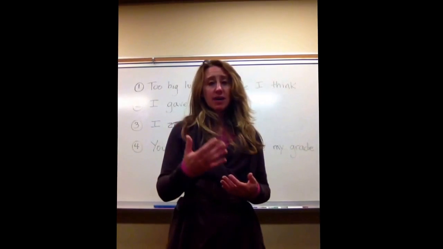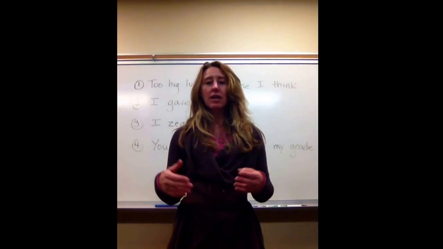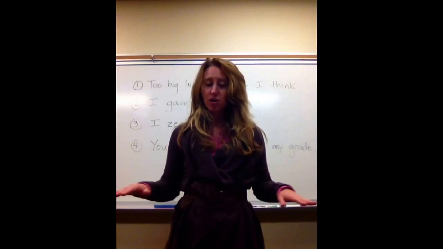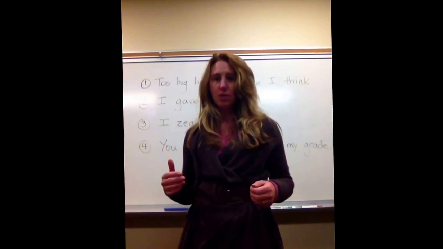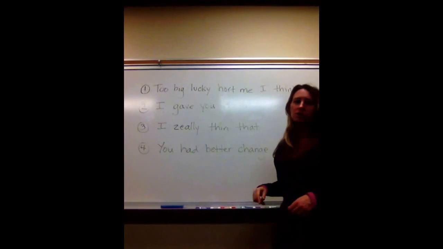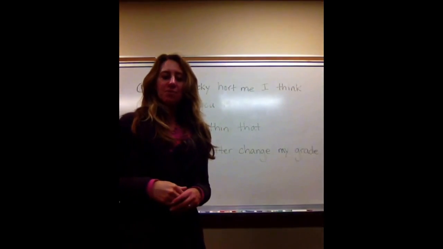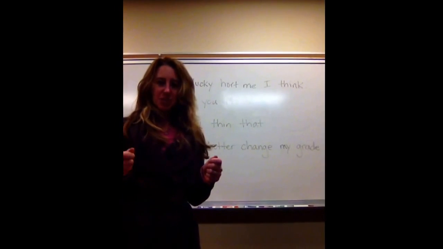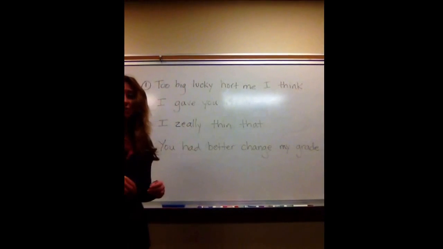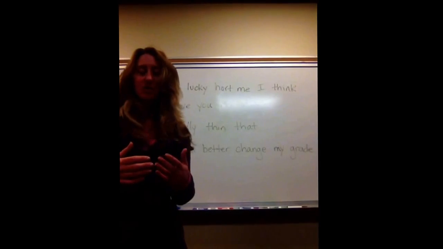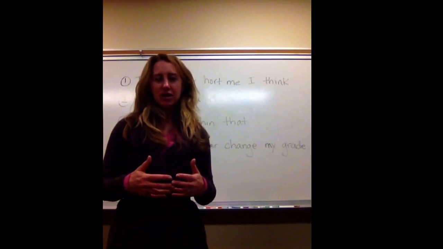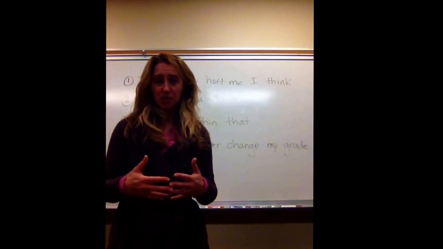So as an exit ticket for my students one day, I asked them to just try their best to tell me what they saw across the stories and what they thought about it. And one of my students wrote this: "Too big lucky, hurt me, I think." Now, I read it as he handed it to me, and I didn't understand what he meant, especially since I was a very new teacher, and so I hadn't developed kind of my being able to read between the lines of what students are saying when they're developing in English.